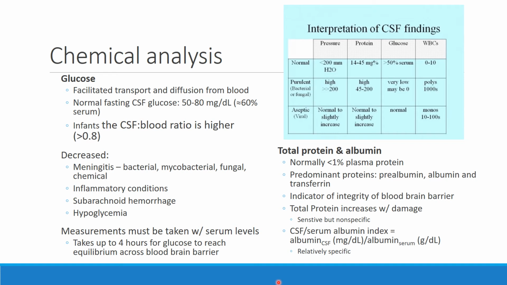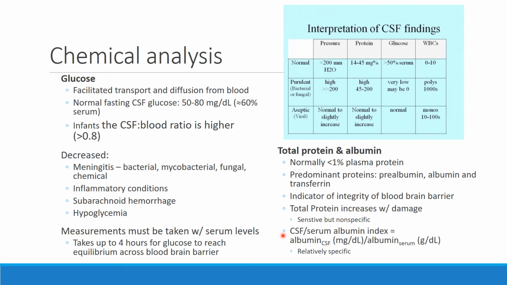Then we look at, again, it is always best to do a CSF level when you have a serum level to compare it to. And so we have the CSF serum albumin index, which is just a ratio, where we compare the milligrams per deciliter of albumin in the CSF to the grams per deciliter of albumin in the serum.